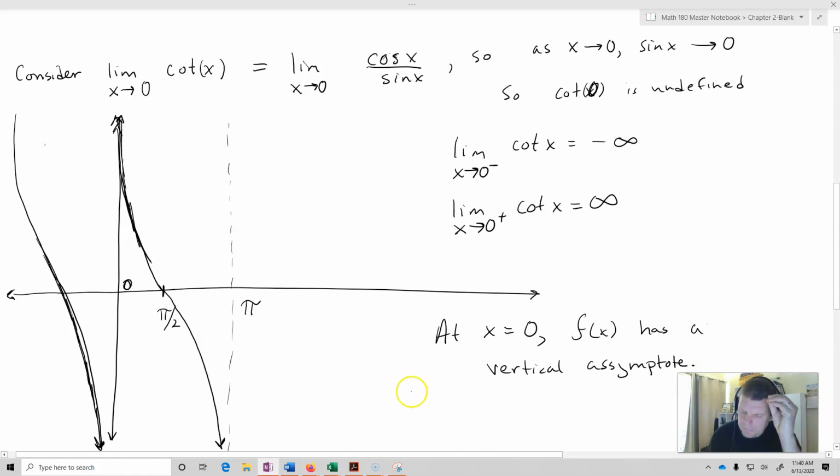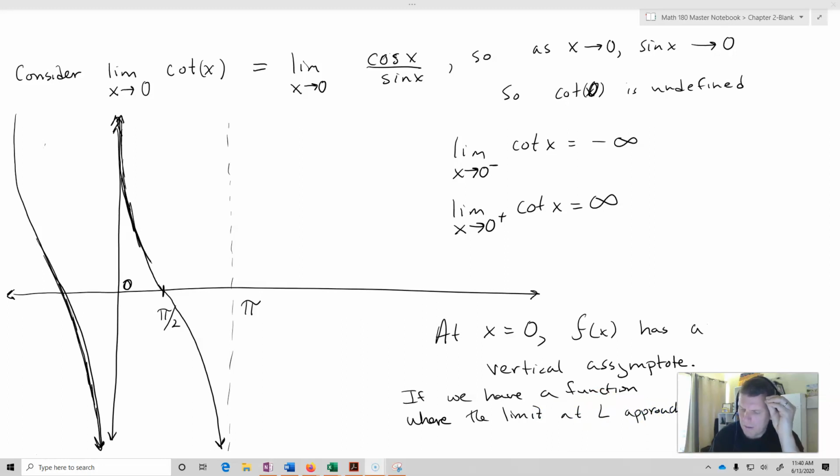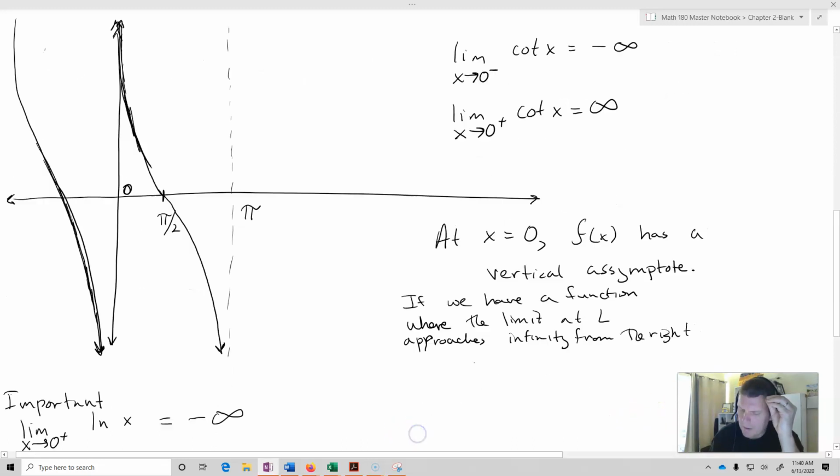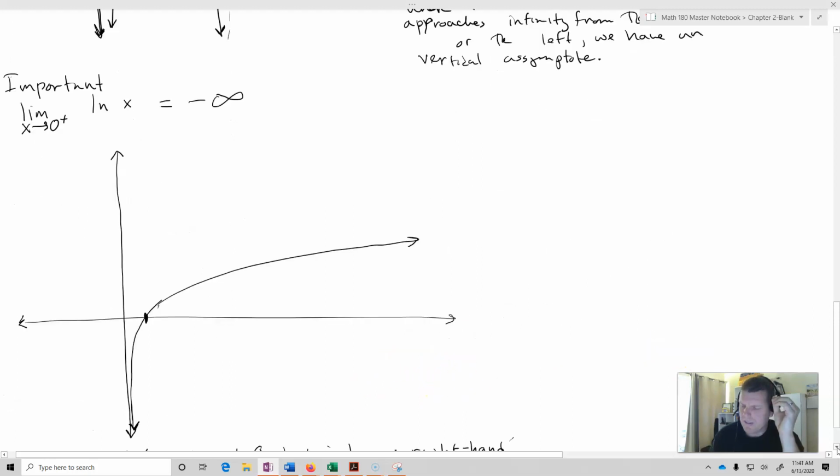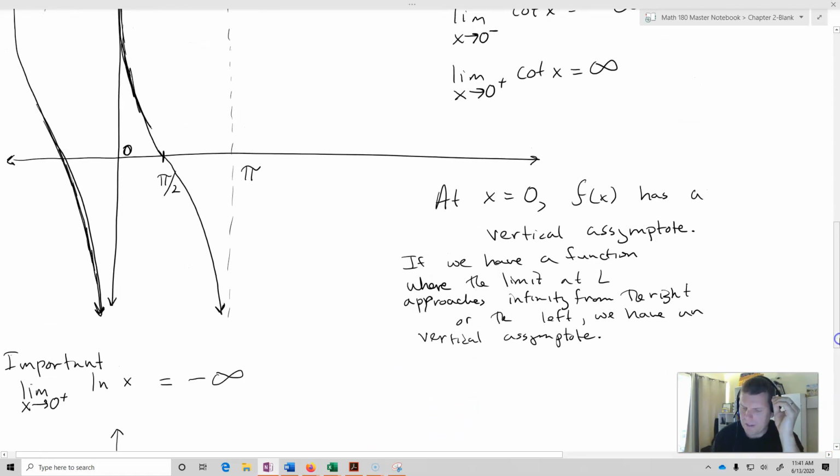If we have a function where the limit approaches infinity from the right or the left, we have an asymptote. A vertical asymptote, excuse me. That actually brings us to, why don't I give you a second to write that down?